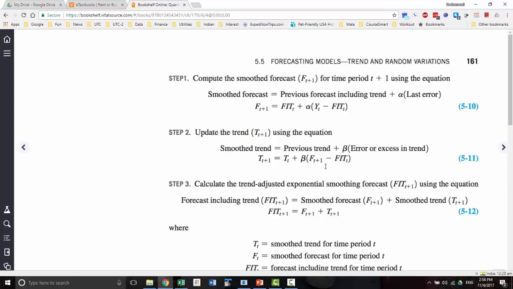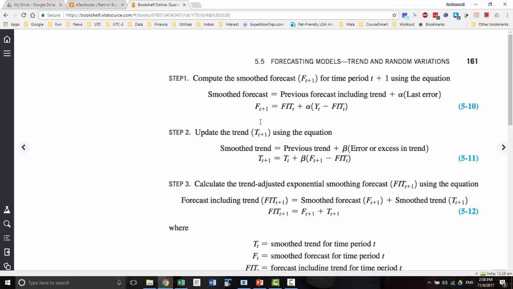You look at the difference between the new smoothed forecast, how much it has changed, up or down, compared to the forecast of the previous period. The trend is adjusted with a portion of that change. So that's your trend for the next period.